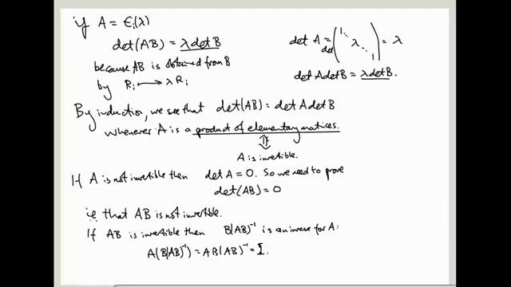And that contradicts the assumption that A is not invertible. So that's the symbol for a contradiction.